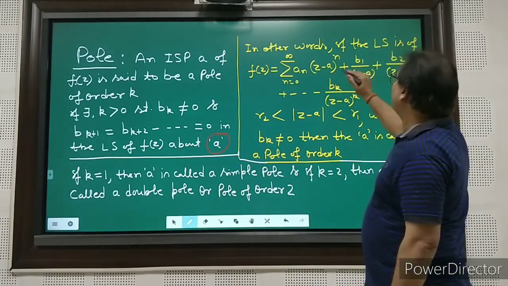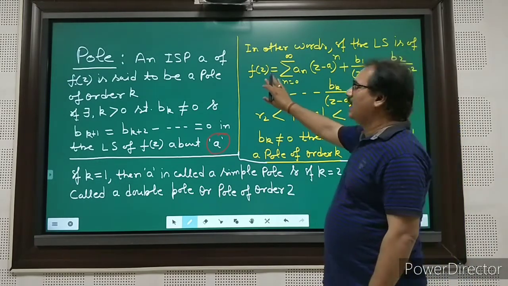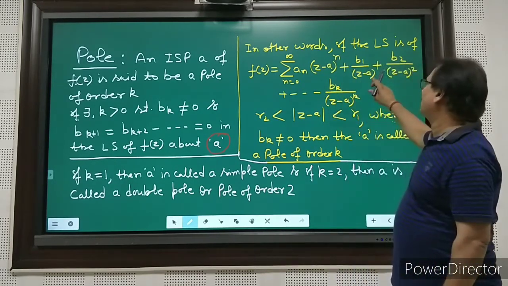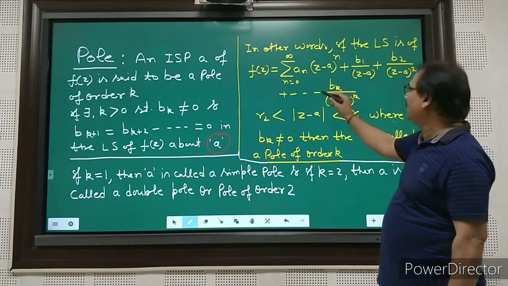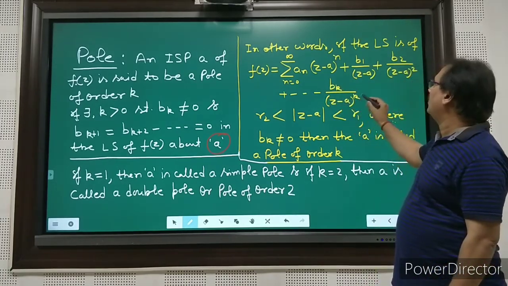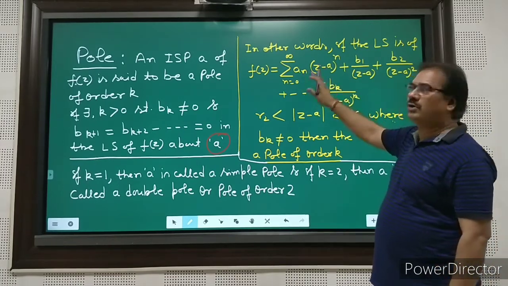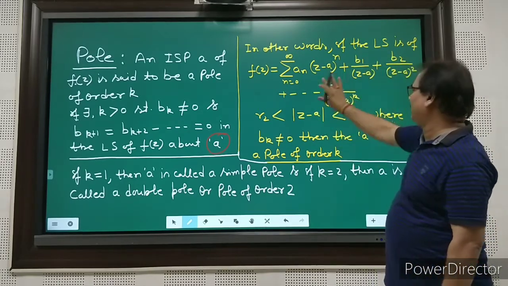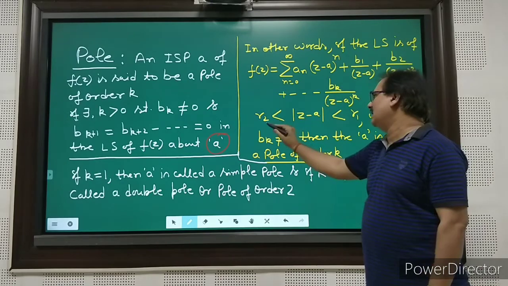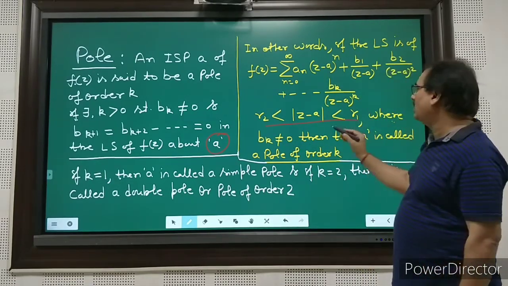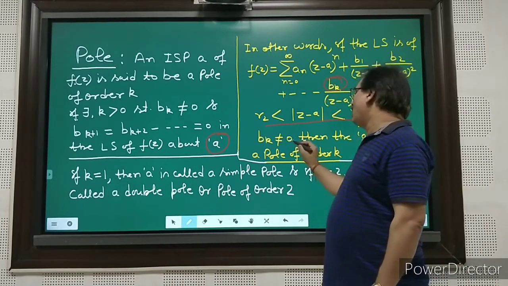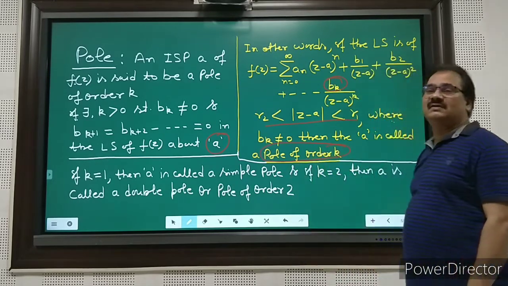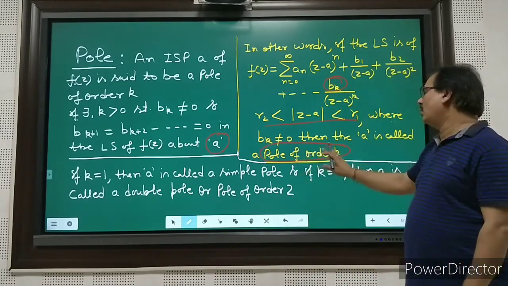In other words, if the Laurent series is of the form f(z) = Σ a_n (z − a)^n + b1/(z − a) + b2/(z − a)² + ... + b_k/(z − a)^k, where in the Laurent series one part is the regular part and another is the principal part, and R2 < |z − a| < R1, where b_k is non-zero, then a is called a pole of order k.